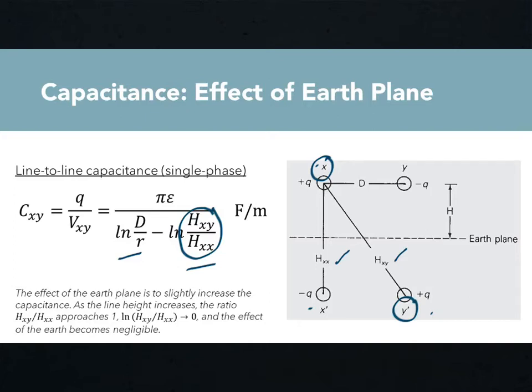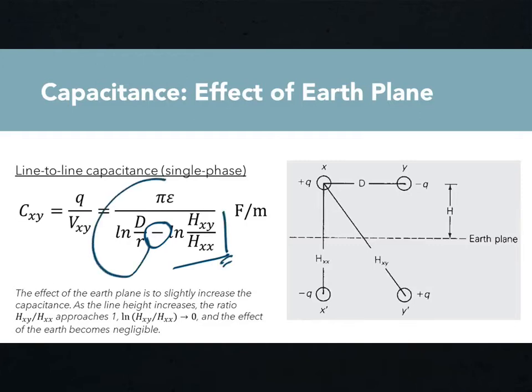Okay, so this might be new kasi walang ganito in inductance. You just have to always remember, we are subtracting the effect of the mirror. Di ba, ito naman yung original, pi epsilon over ln of D over r. So, we are just taking into account the effect of the image conductors.